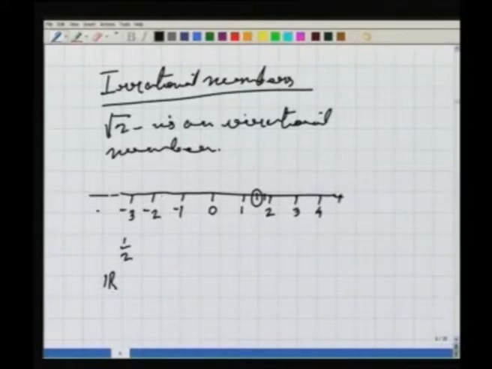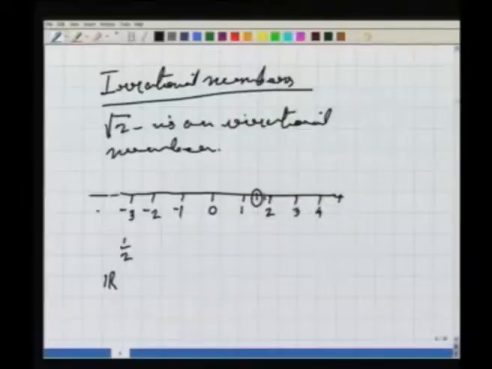That means all the irrational numbers should correspond to certain points on this line. So intuitively we will assume that the whole real line, the whole set of real numbers, is given by this line. Every point on this line which is not a fraction corresponds to an irrational number.